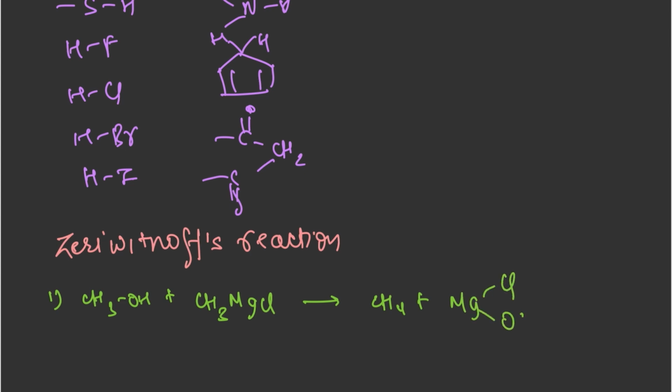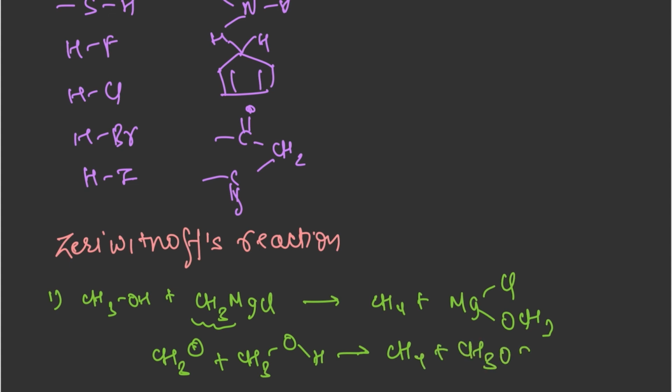The CH3 minus from this group reacts with CH3OH and forms CH4 plus CH3O minus. Now Mg plus 2 forms one bond with chlorine and one with OCH3, so it is satisfying its bivalency.